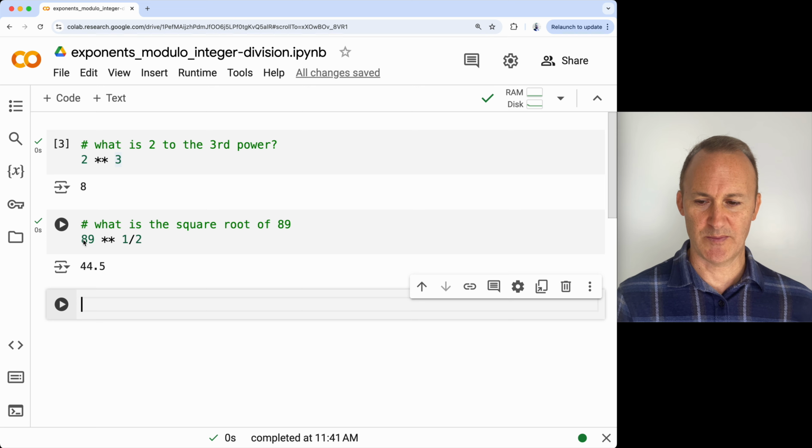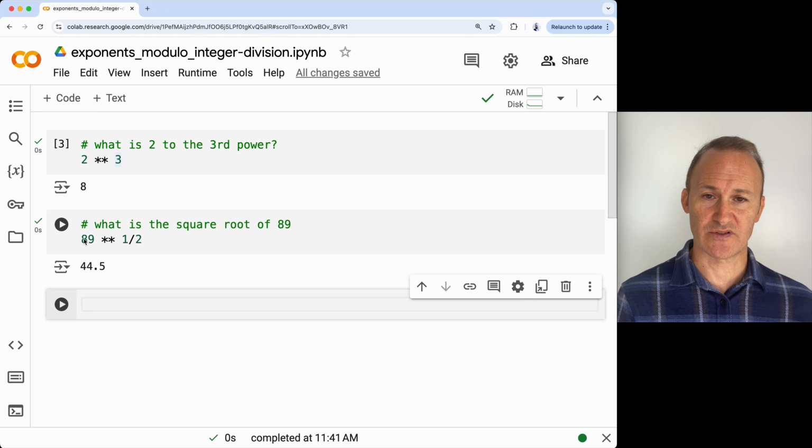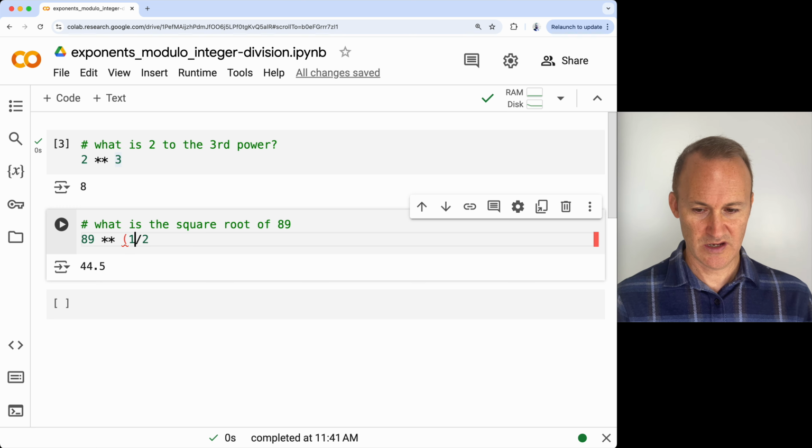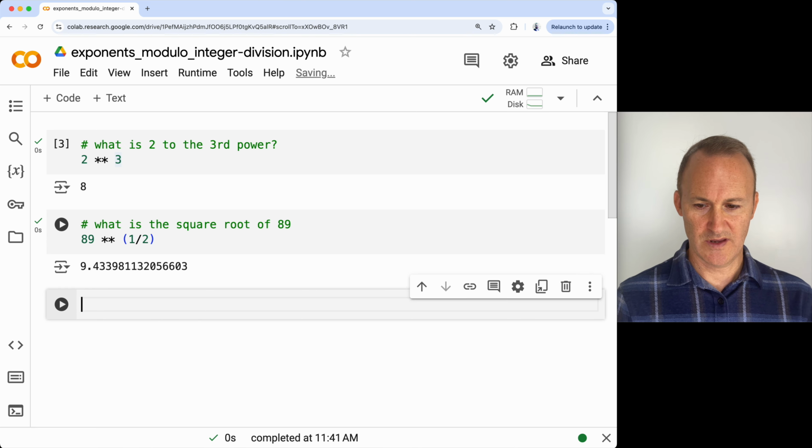So what happened here? Well, it's order of operations. Exponents come before multiplication and division. So it does 89 to the first power, that's 89, and then divides by 2 to get 44.5. So you could put it in parentheses. This will work. And so now you get the desired answer of 9.4.